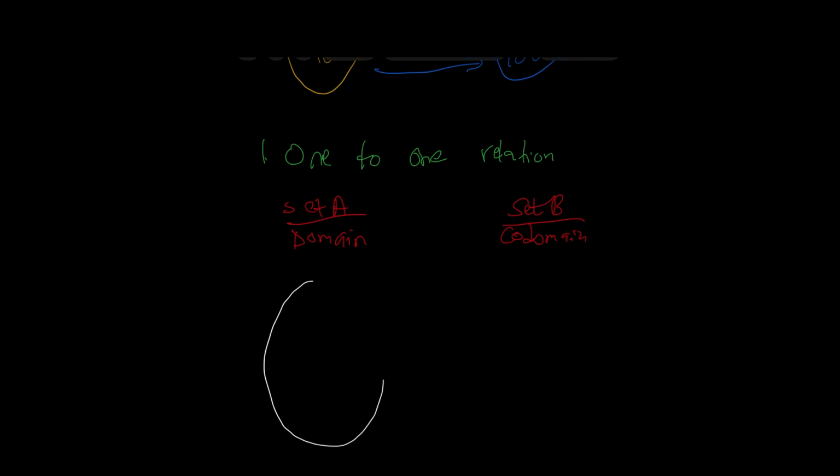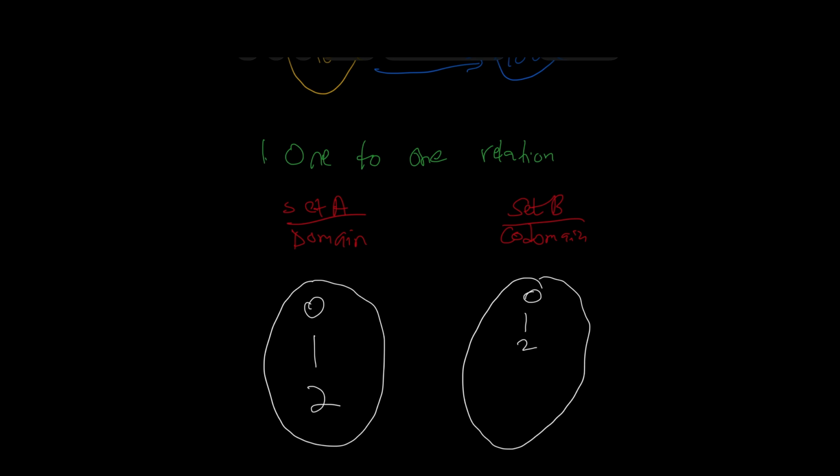So if I have a set A containing the values 0, 1, 2, and I have another set B containing the values 0, 1, 2, 3, 4, 6, and each element in set A has exactly one element in set B. In other words, if every member of the domain has one element in the codomain, then the relation is said to be one-to-one.